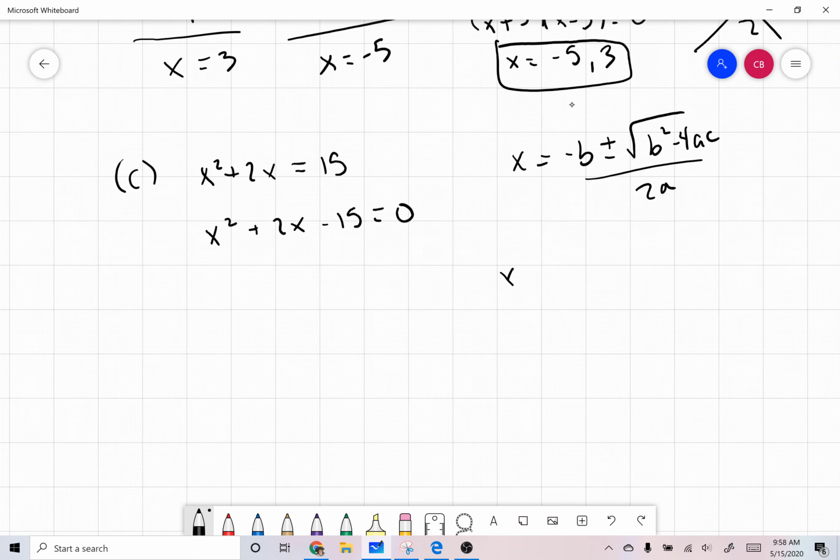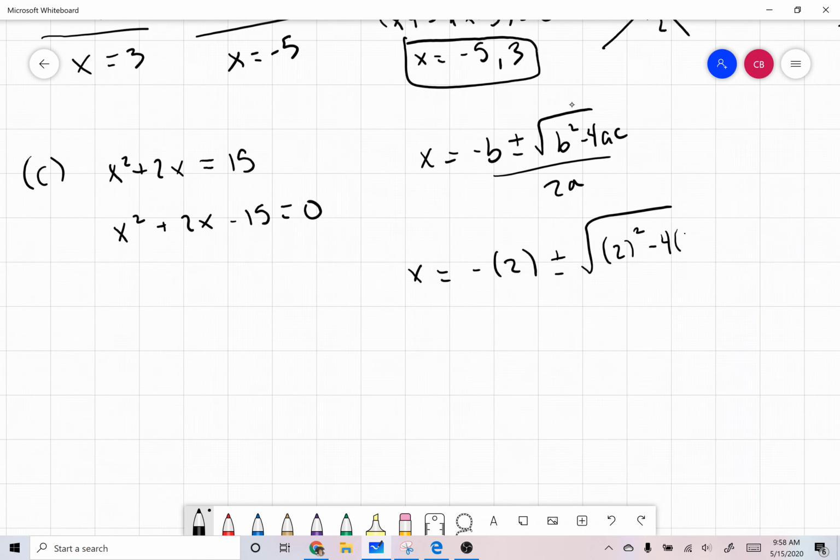So now we have x equals negative b, and notice I'm putting parentheses around each thing that I substitute. 2 squared. I recommend you do so as well, just so you remember that it's multiplication and you don't have subtraction or something going on. And c is negative 15. All over 2 times 1.